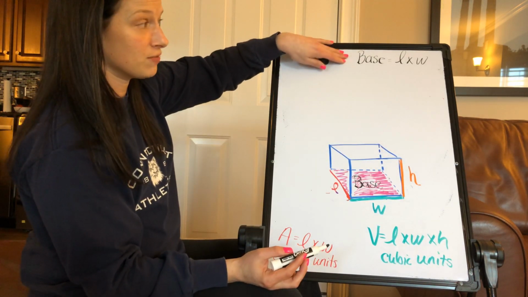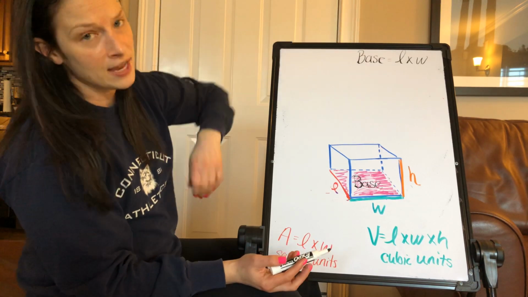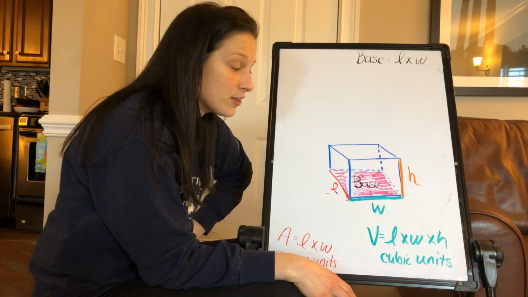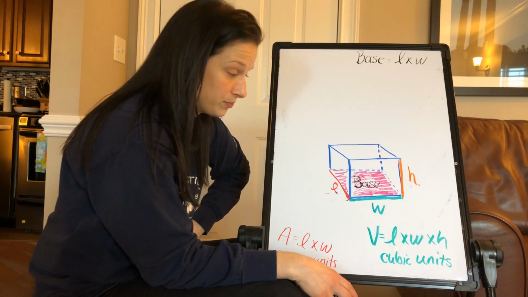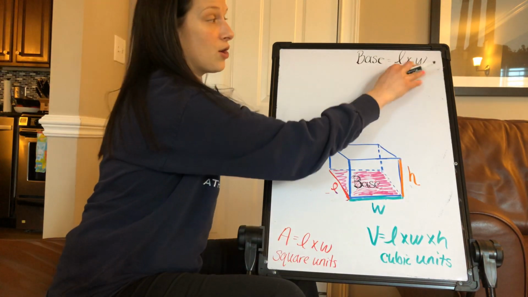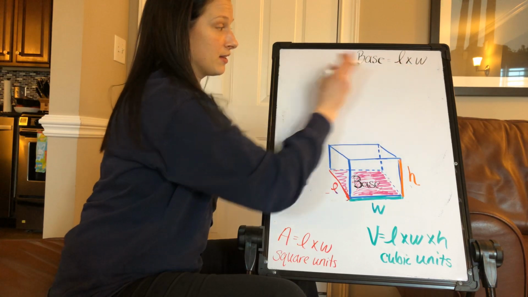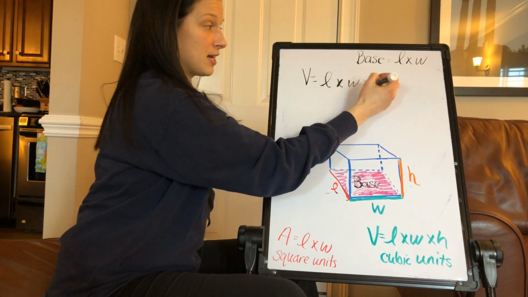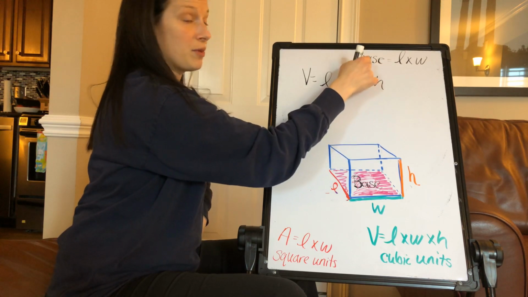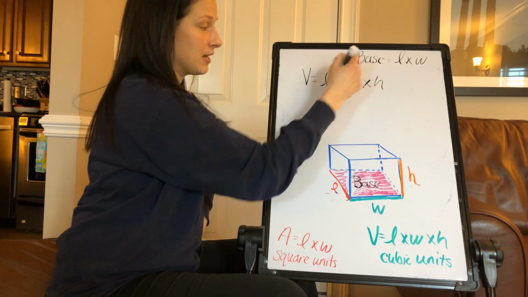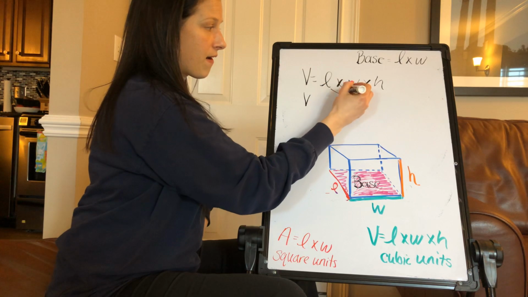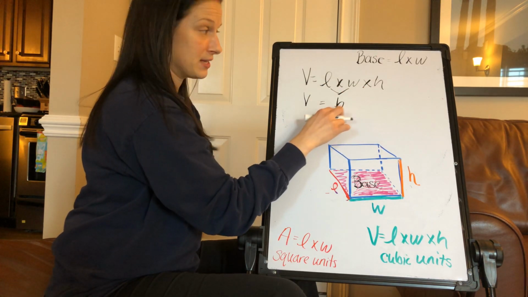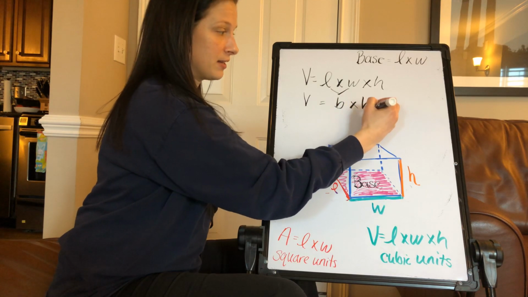Sometimes they're going to give you the base, and then what do you do? Well, there is another formula for volume. If you already know the length times width, because volume is length times width times height, if they give you the base, then you do base times height.